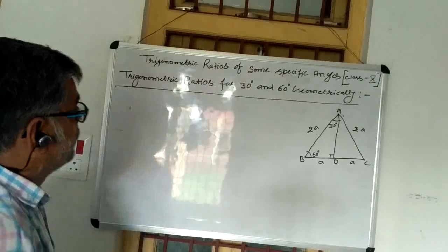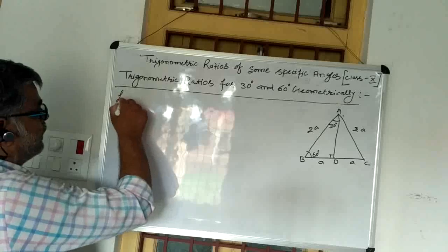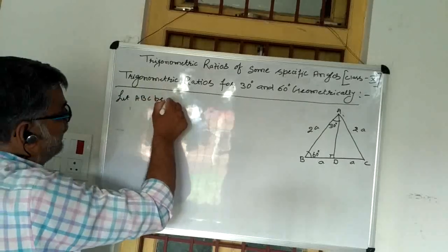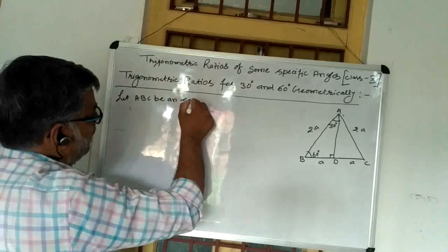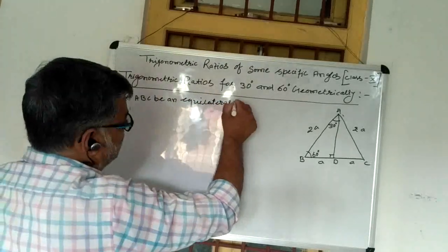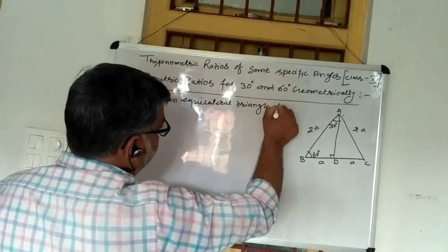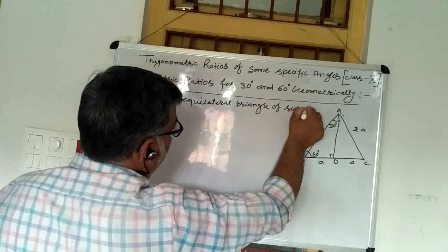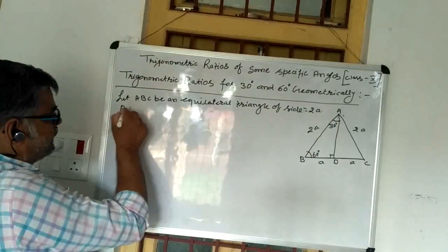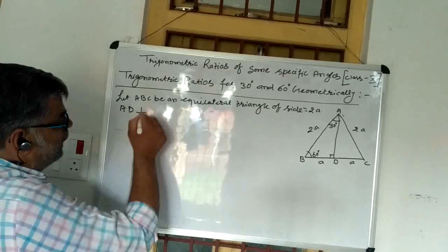Now, students, first we have to draw, let ABC be an equilateral triangle of side equal to 2a. AD is perpendicular on BC.